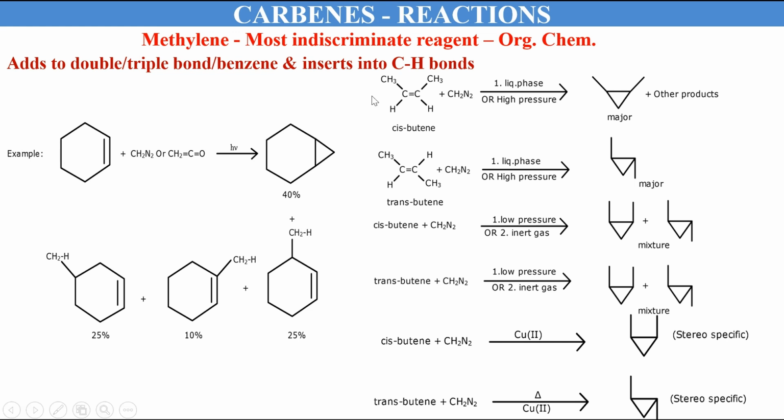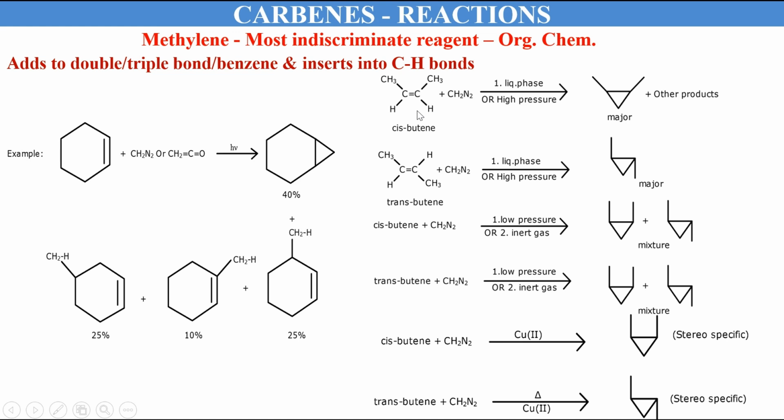I take cis-butene and treat it with diazomethane in liquid phase or under high pressure. Then the major product is formed in which the configuration of the original compound is retained, and other products, trans products, can also be formed, but those will be minor products.